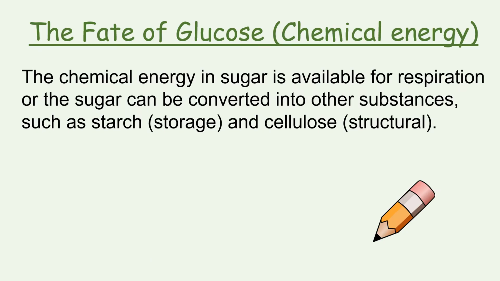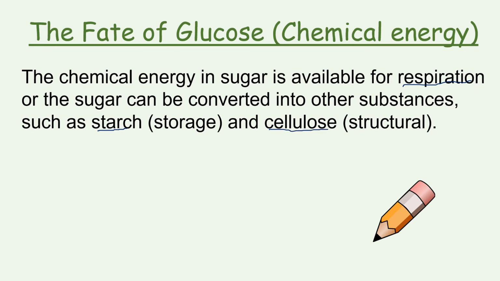We obviously know that our end product is glucose, and that's what's made from photosynthesis. But what can our glucose then be used for? The chemical energy in sugar is available for respiration. It can also be converted into other substances. It can be converted and stored as starch, or it can be changed into cellulose and used as structure.